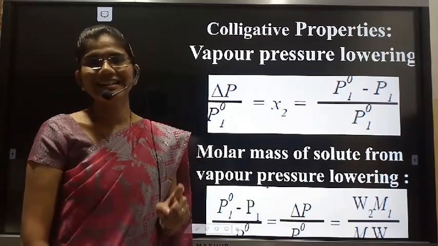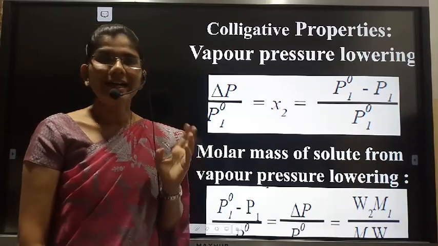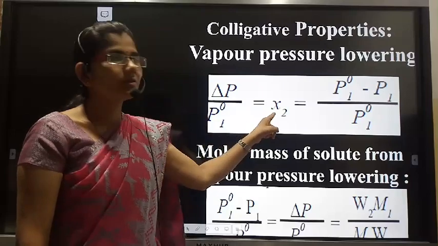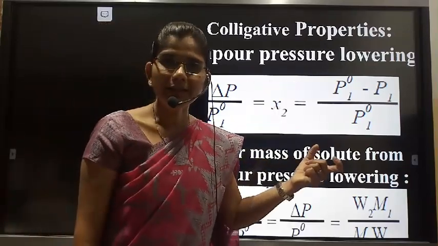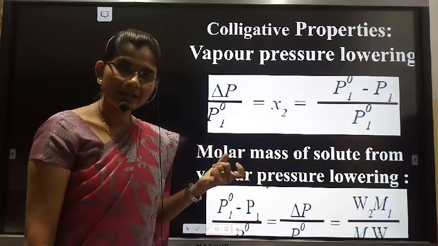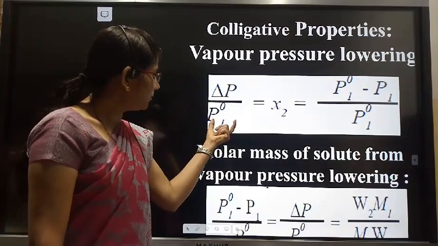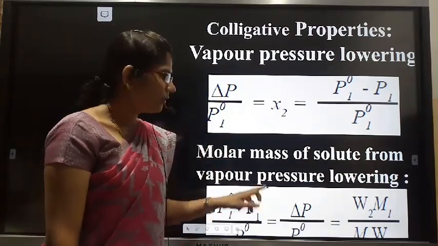That means indirectly it depends on the number of solute particles, and therefore delta P upon P01 is equal to X2. What is meant by delta P? Delta P is called the lowering of vapor pressure, and delta P upon P01 is called the relative lowering of vapor pressure.